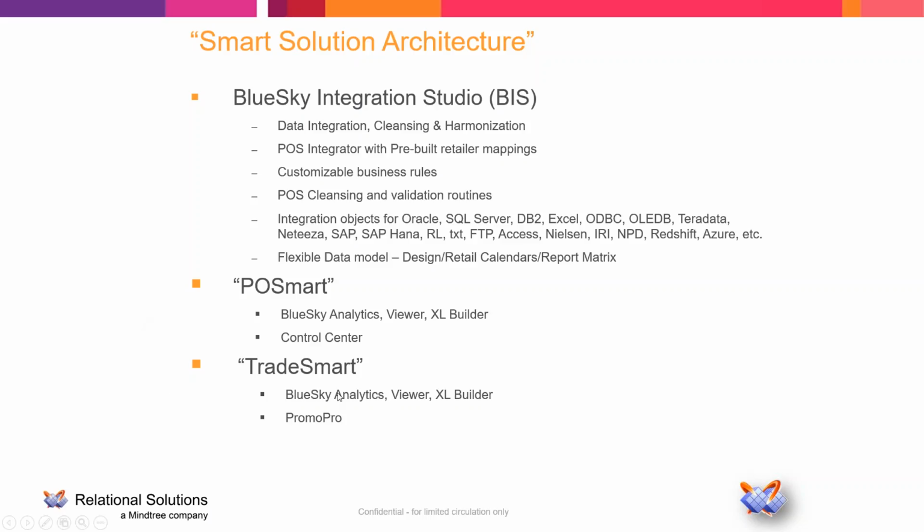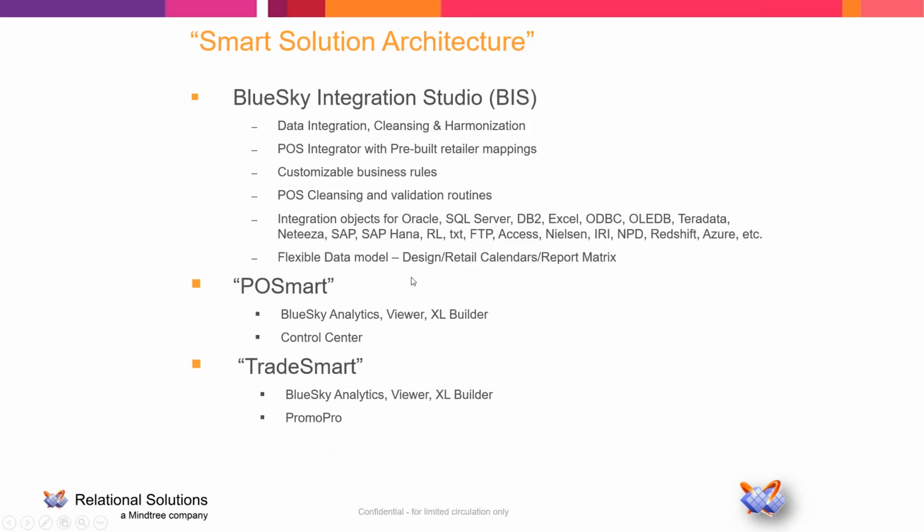In POSmart, we're now adding other subject areas. So we're doing more than just integrating point of sale and syndicated data, as we are in POSmart. With our trade solution, we are now adding our trade data model with all the cleansing and integration processes required for trade. And we're also integrating plan, shipments, forecasts, budgets, and cost of goods sold.